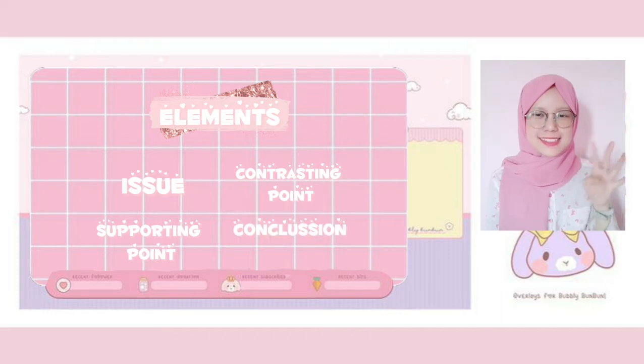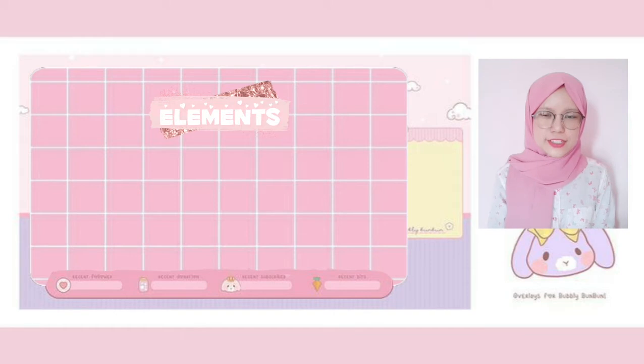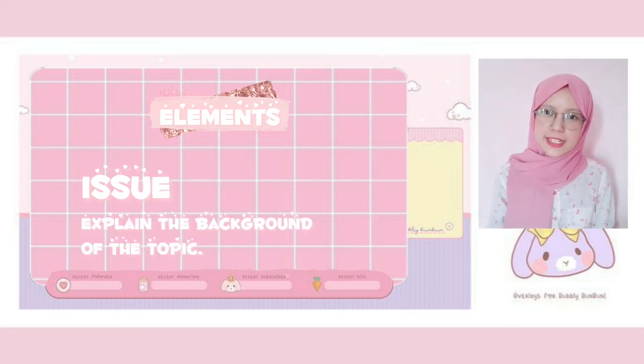And last, conclusion. First, we will talk about issue. In the first paragraph, we have to explain the background of the topic that we choose, so that the reader will know what argument we will give in the text.